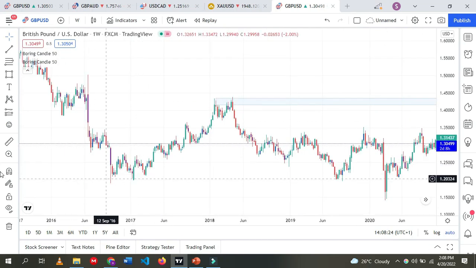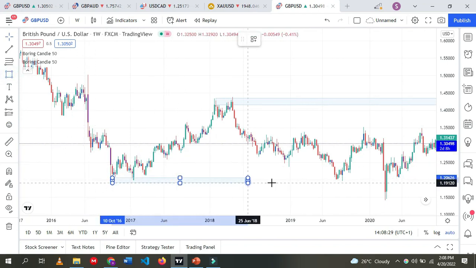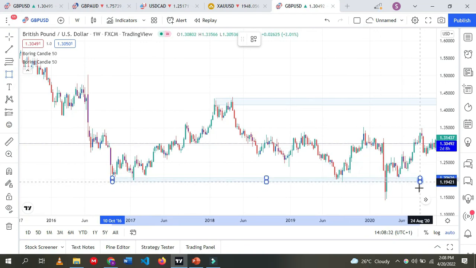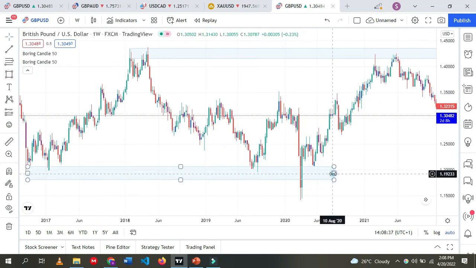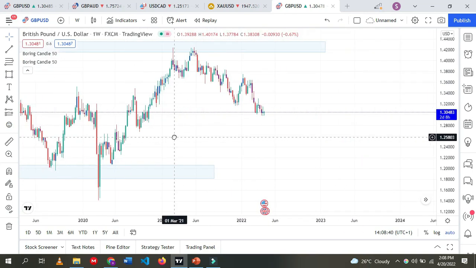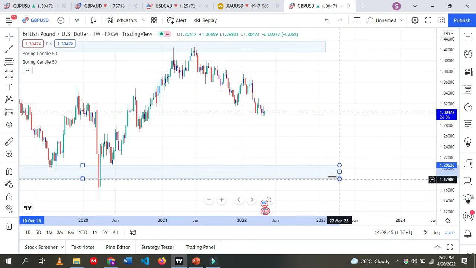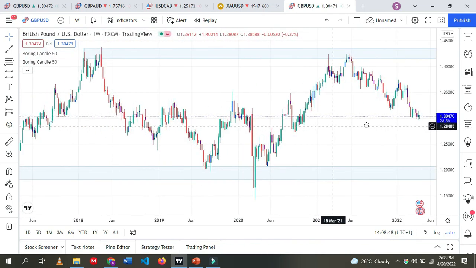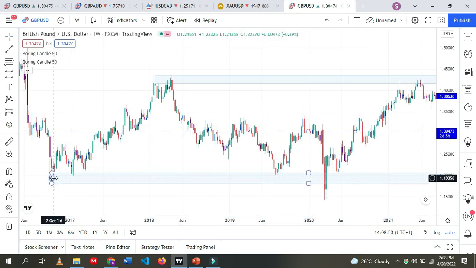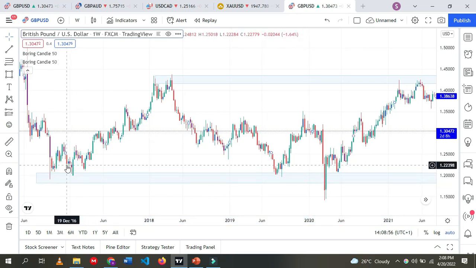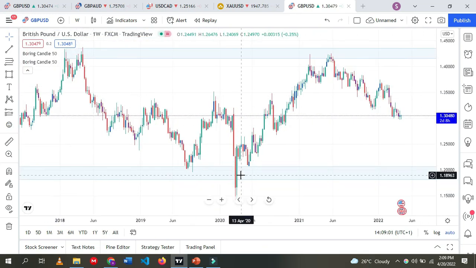Now, if you notice, price moved from this level to this level, this A, this B. Then from B, it came back to A, where we were before.